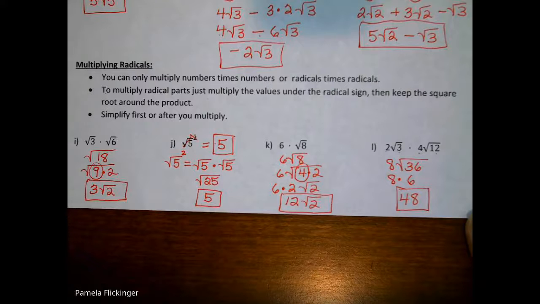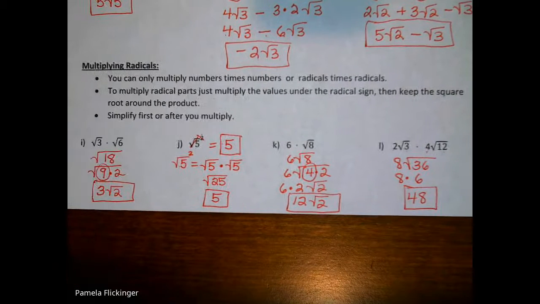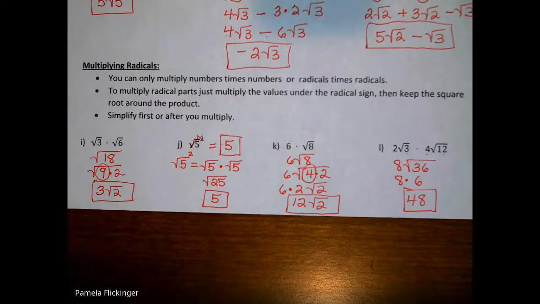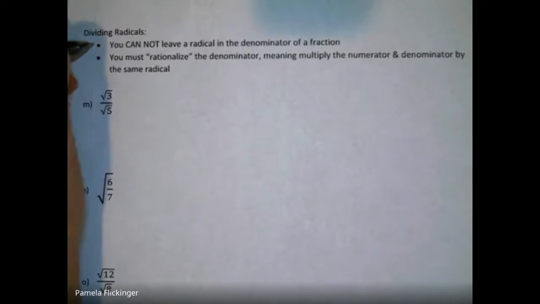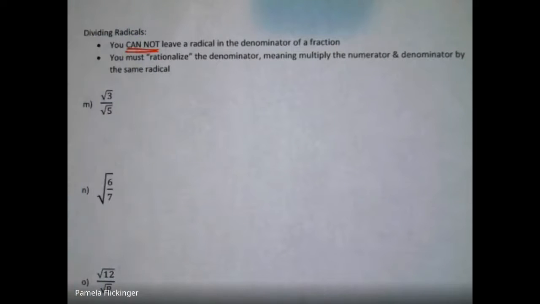Okay. So we've simplified, added, subtracted, multiplied. The last thing to do is to divide. All right, when we divide, the important thing to remember is that you cannot leave a radical in the denominator of a fraction. So if you're doing the math and we get a radical sign in the numerator, that's okay.